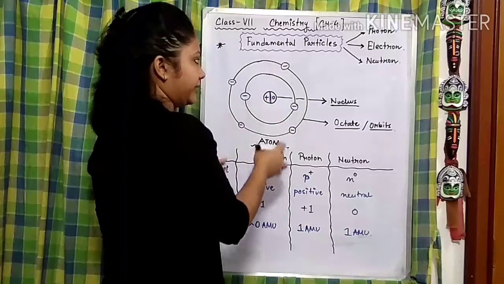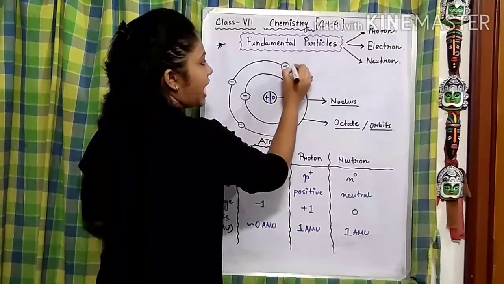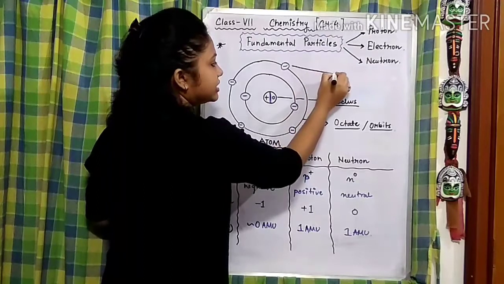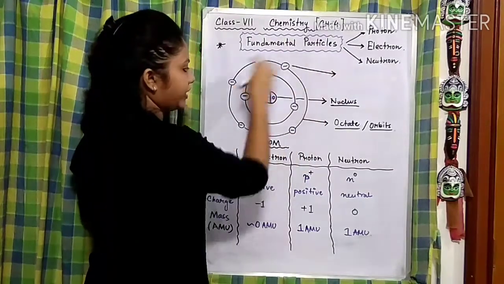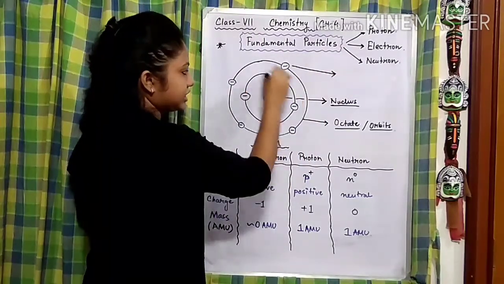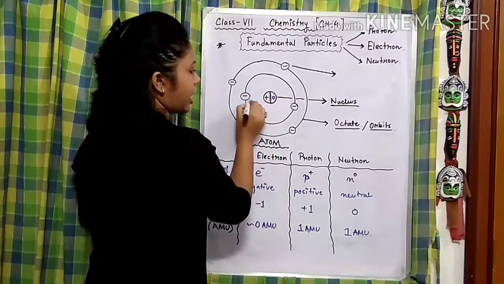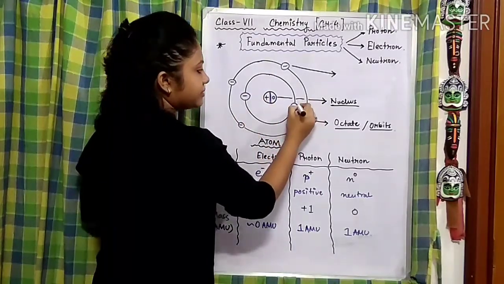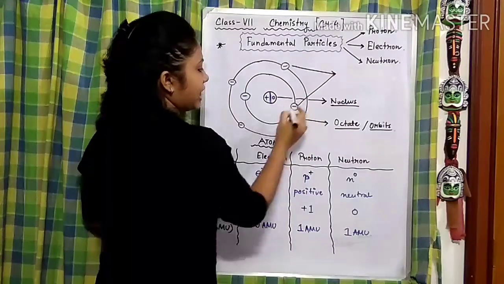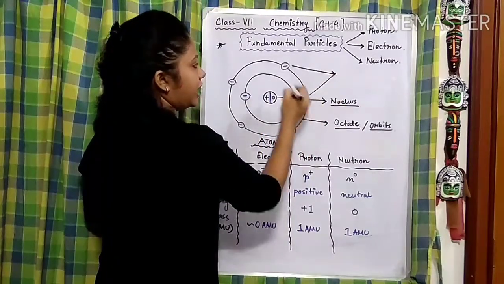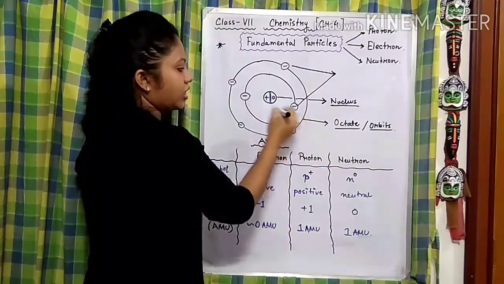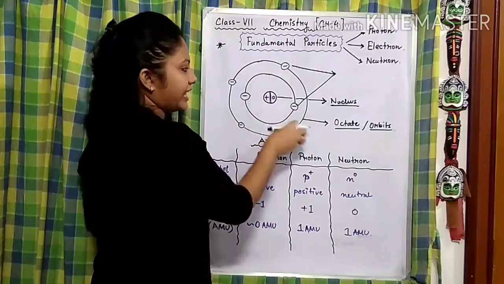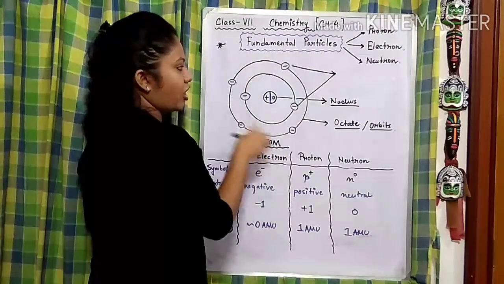So where are they? You can see the outer particles which are revolving around. See, in the first orbit there are 2 minus particles. So these 2 are all the circles or the planets you can see outside in the orbits.